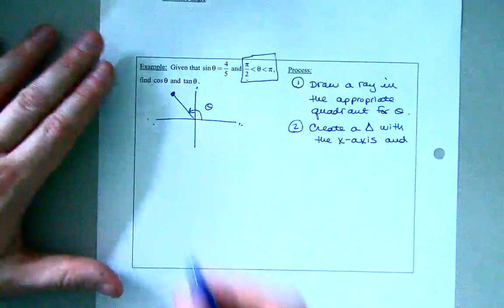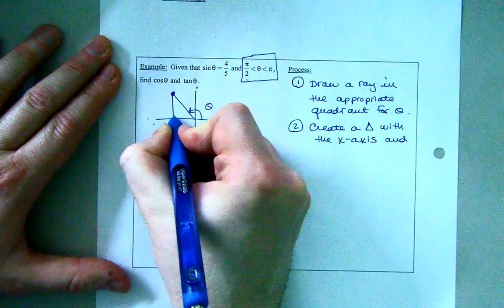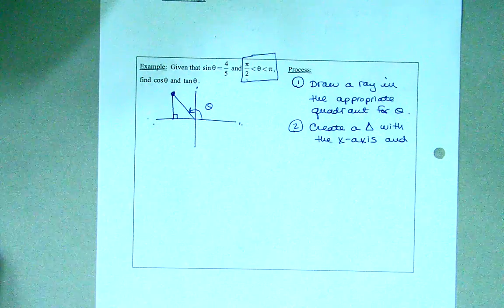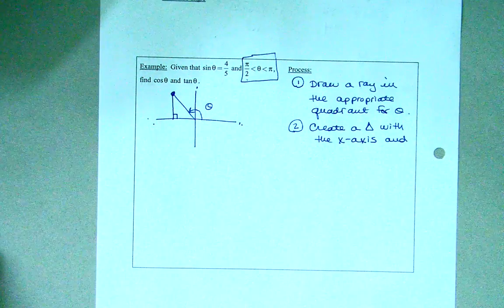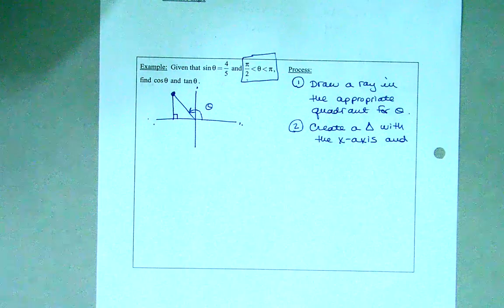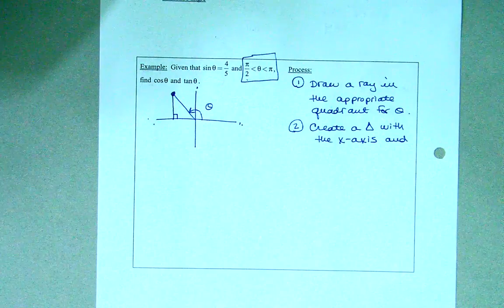I'm going to make a right triangle over here. Create a triangle with the x-axis, and I haven't finished that thought yet because I need to define something else first.